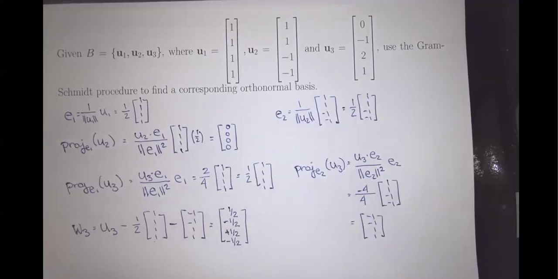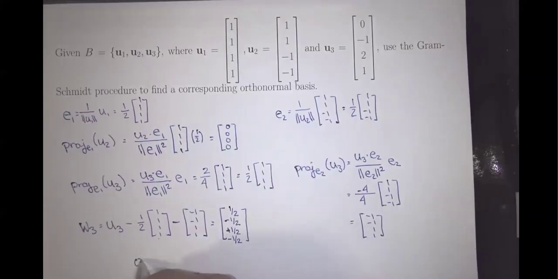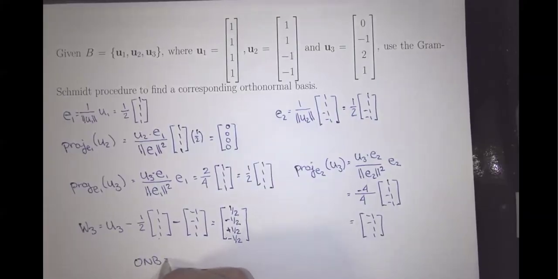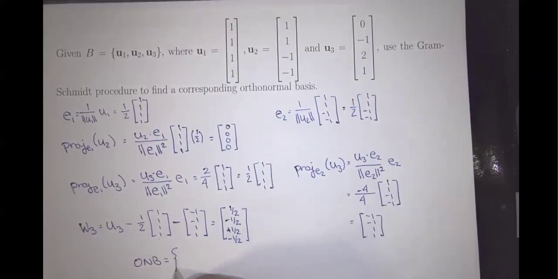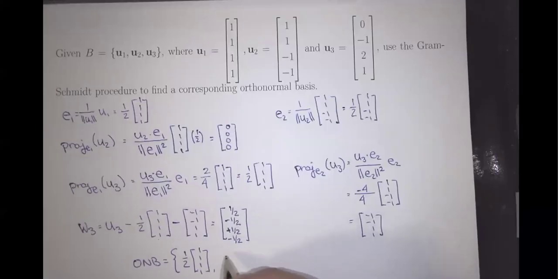So our orthonormal basis, our first vector is 1/2 times 1, 1, 1, 1. Our second vector is 1/2 times 1, 1, negative 1, negative 1.